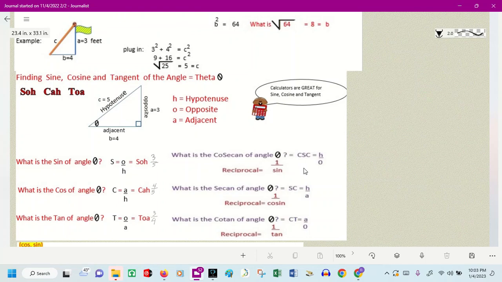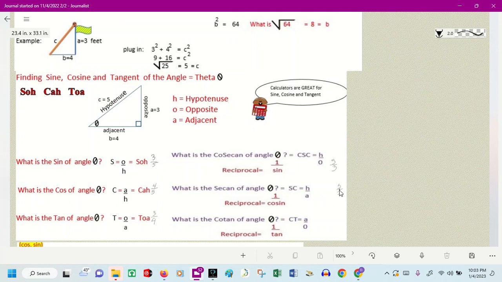So, if sine is opposite over hypotenuse, then the cosecant is hypotenuse over opposite. Very simple, right? The secant is the reciprocal of cosine, which you write as 1 over cosine. The reciprocal of cosine is hypotenuse over adjacent. Flip it upside down. Okay.